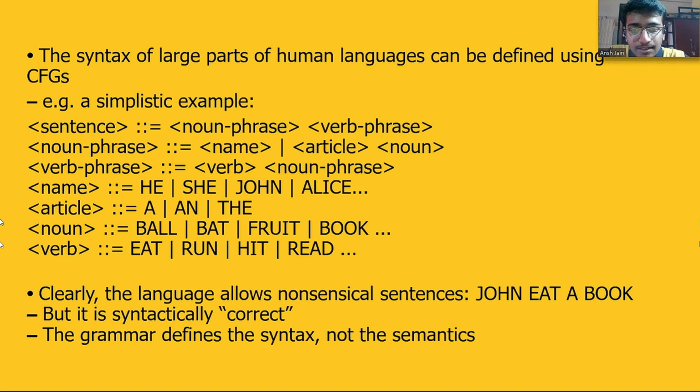Using this name, article, noun, and verb, we can build a sentence, and here's an example: John eat a book. Logically this doesn't make any sense, and the sentence is not grammatically correct. Hence, the grammar defines the syntax and not the semantics.